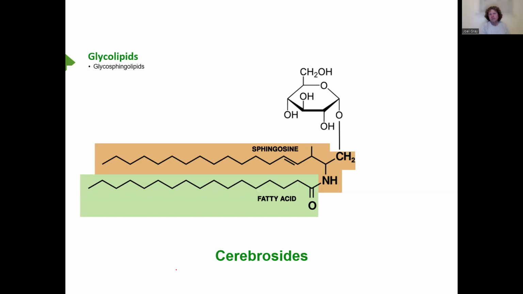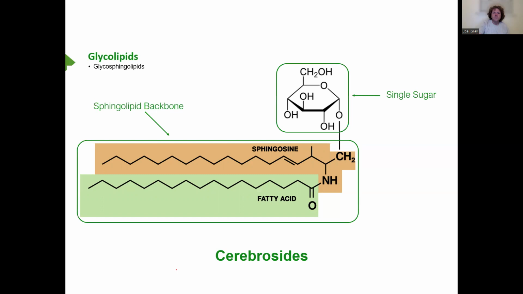They consist of sphingosine and another fatty acid and a sugar structure attached to them. A sphingolipid backbone, a single sugar. That's all they are to make up a cerebroside.